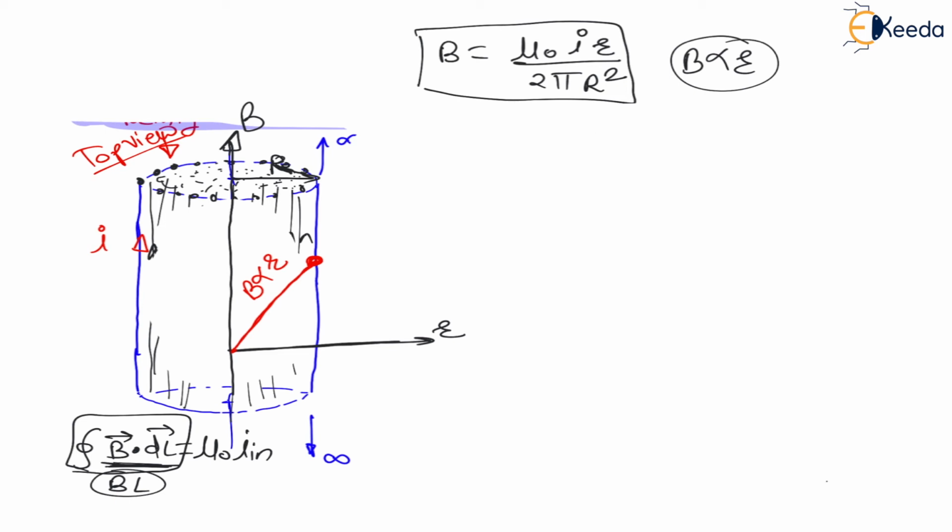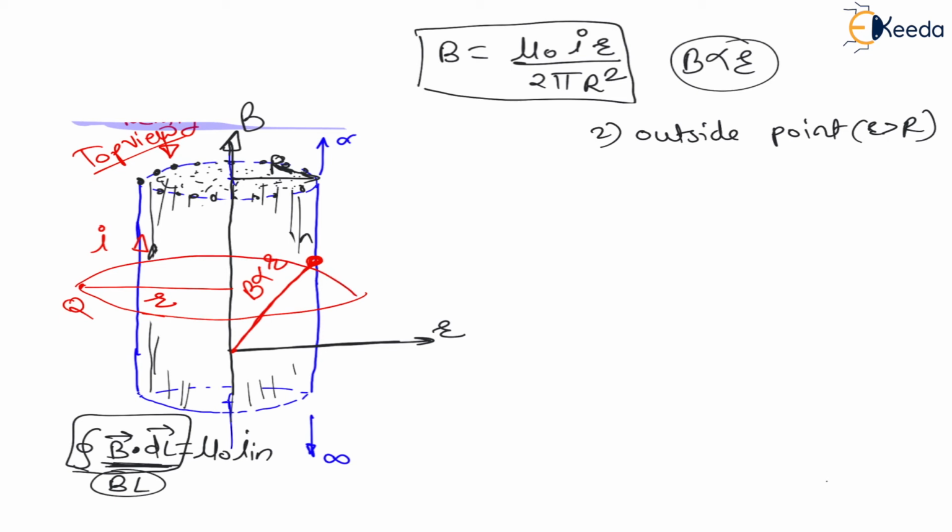Therefore see, the second, outside point, that is small r is greater than capital R. Therefore I have to consider any point. Let us say the point is considered Q somewhere here at distance r from the axis. Now this will be your Amperian loop, right?